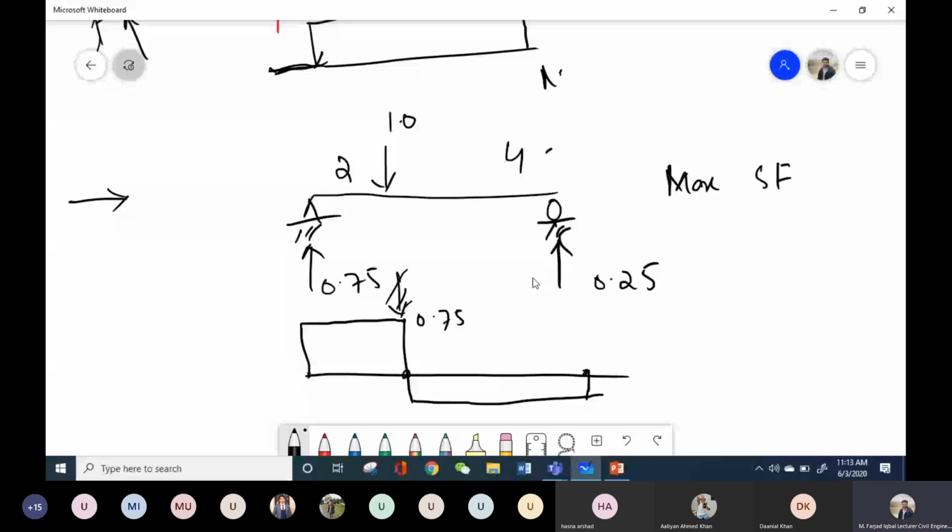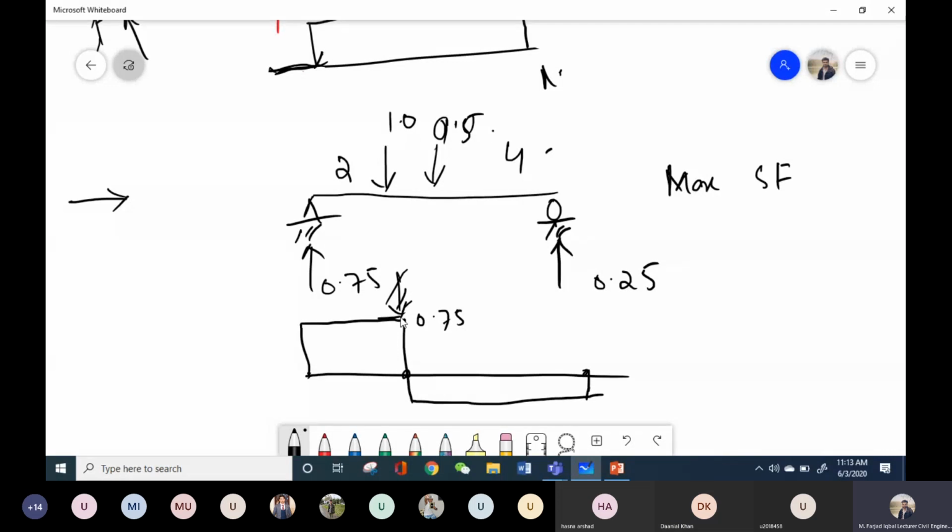Is there any specific point on which the shear force will always be maximum in case of simply supported beam? Where the load is acting. Let's suppose what if there are two loads acting? Wait a minute. Let's suppose there is another load acting.